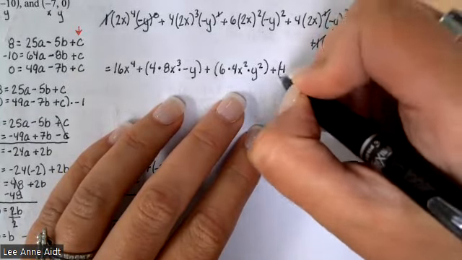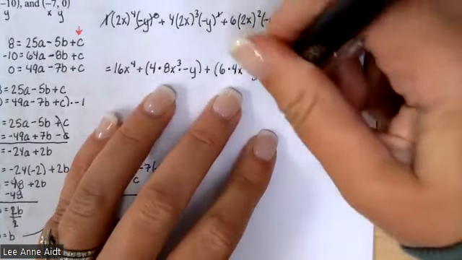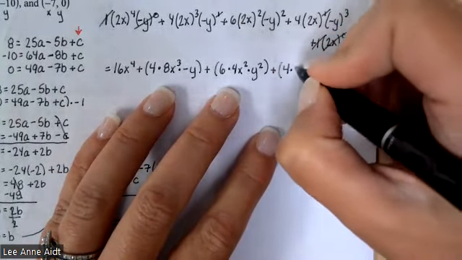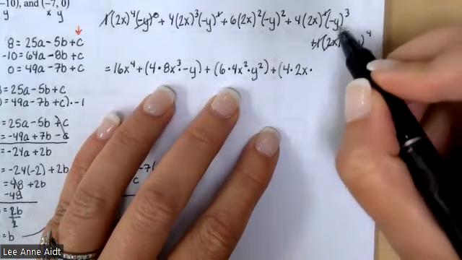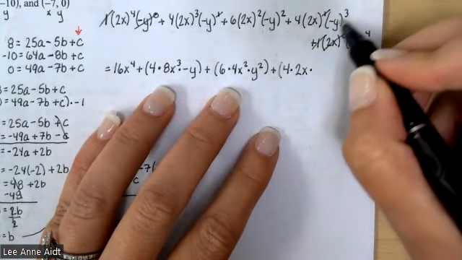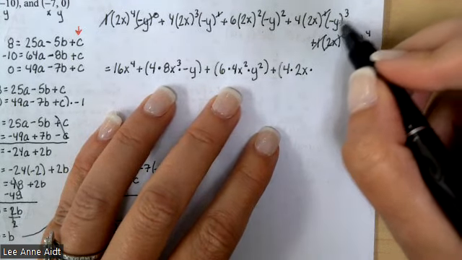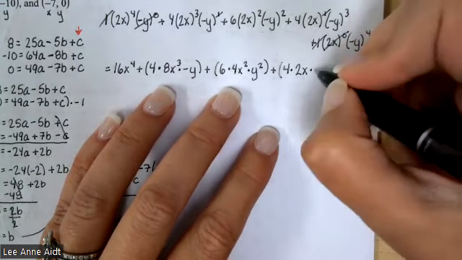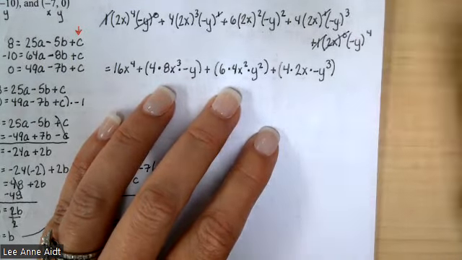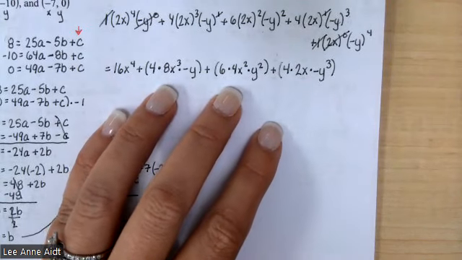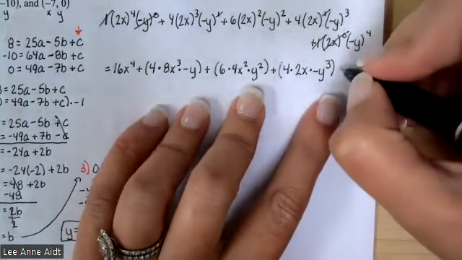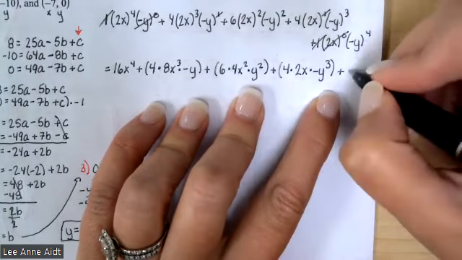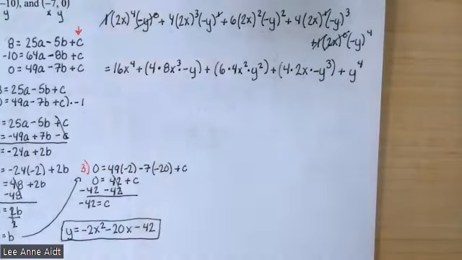Plus 4 times 2x times, what would this be? Negative y to the 3rd, because negative times a negative times a negative is a negative. And then what would this one be? Positive y to the 4th. Beautiful. Okay.